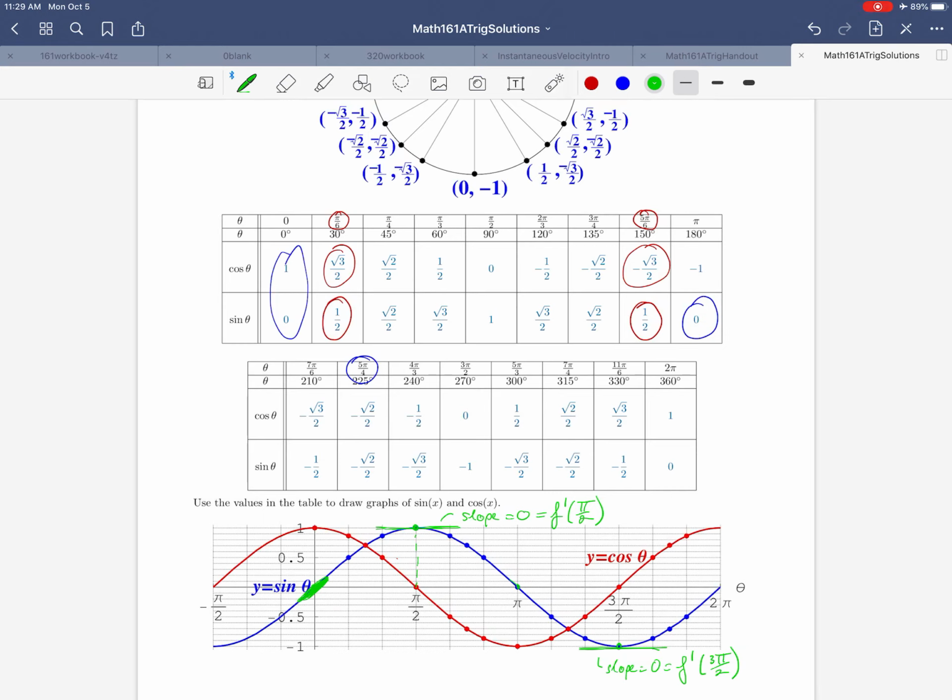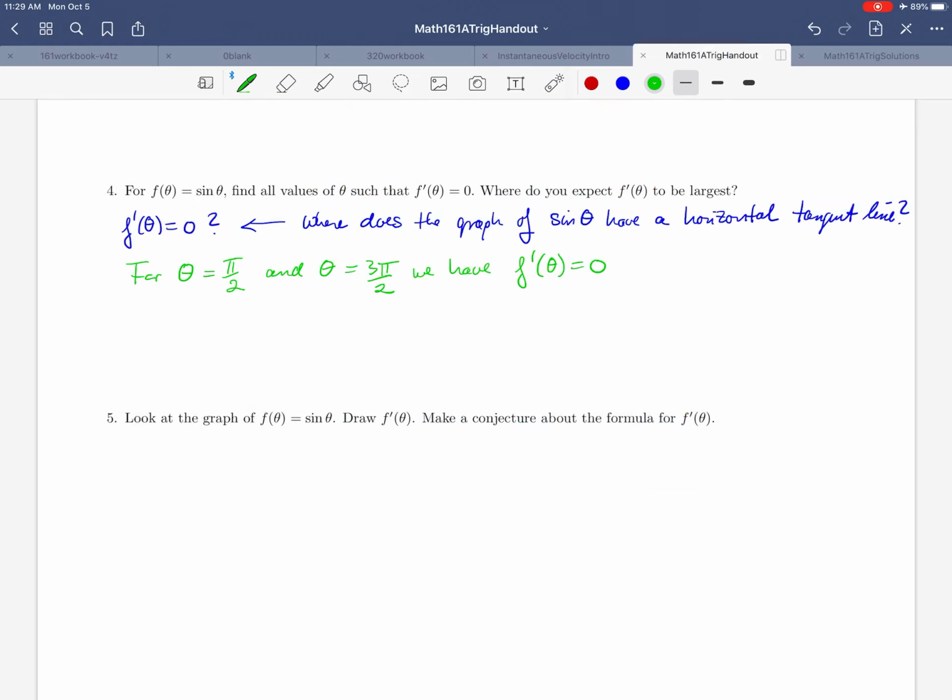They weren't asking us about negative ones. We have a steepness but a negative number, but over here at 2 pi, if we continued our graph, we'd have a very, very steep slope again. So going back, we can say that we expect f prime of theta to be largest at theta equals 0 and 2 pi.